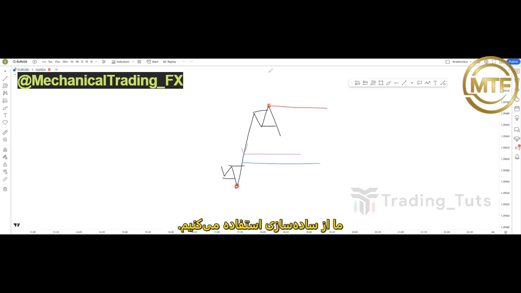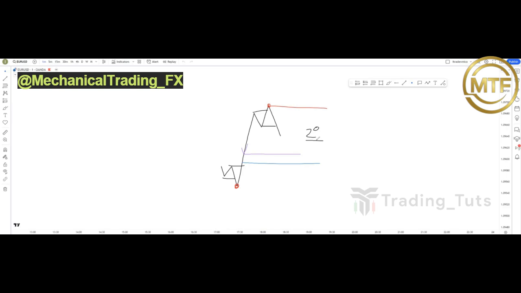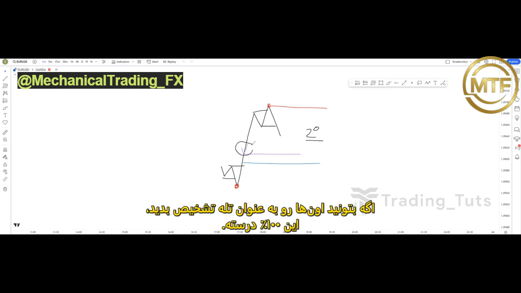We either use simplification, like for example, T1 inducement, T2 inducement, right? These are basically the only two traps that can come across your range, and you don't have to be confused. If you're able to identify them as traps, that's 100% correct.